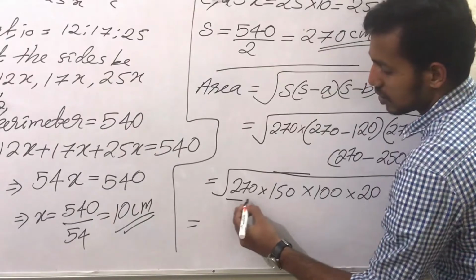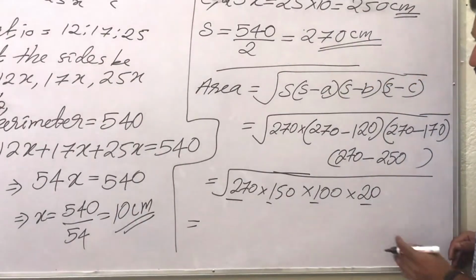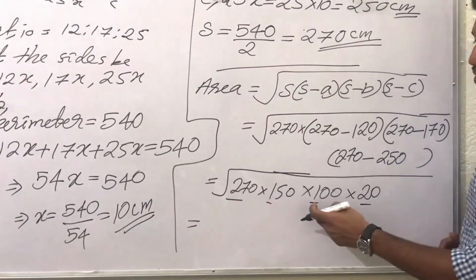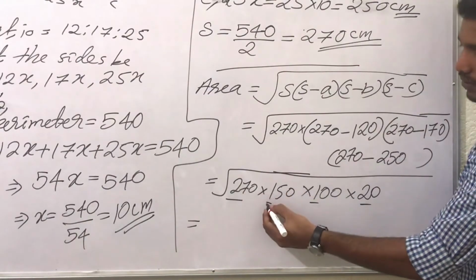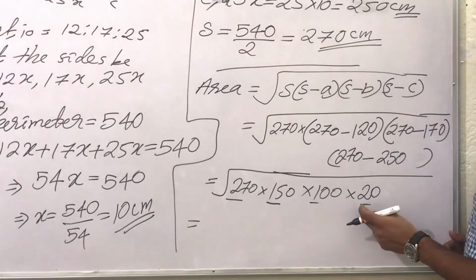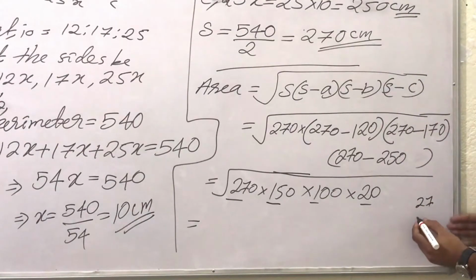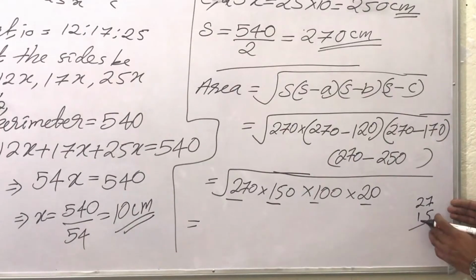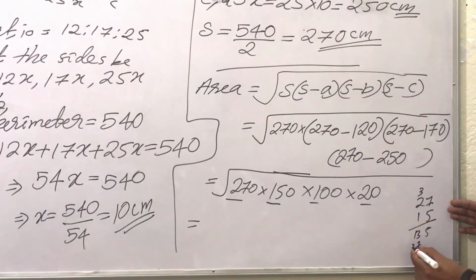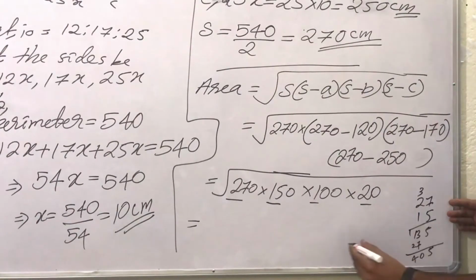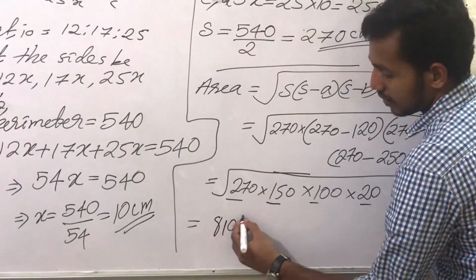Now multiply these numerical values. 27 into 15 into 2: we can multiply 27 into 15, which is 405. 405 into 2 will be 810.